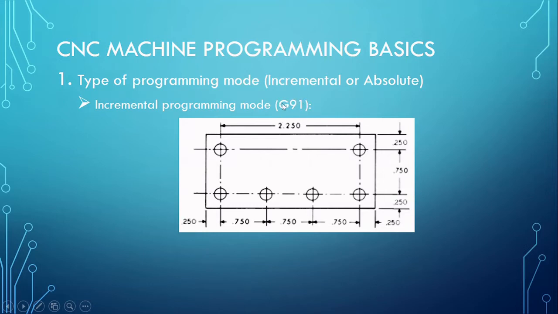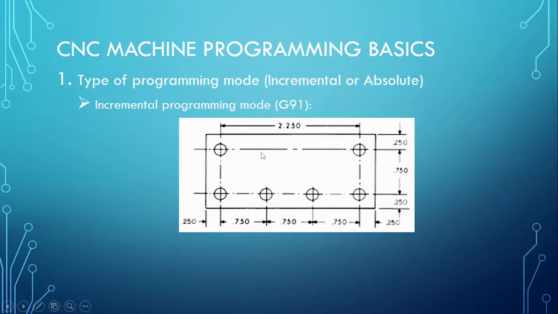Now, what does it mean to program in incremental? What it means is, for every point of operation on the part on that machine, there is no common reference point. There is no common origin of measurements of every point of operation, of every coordinate of operation on that workpiece.